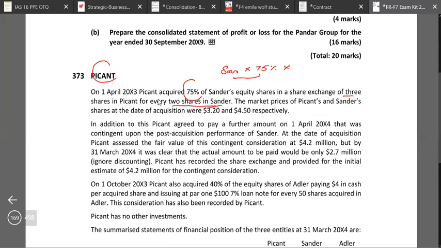So in a share exchange of 3 shares in Picant for every 2 shares, that is 3 by 2. Now we have to take the market price of Picant, that is $3.20. Let me bring my calculator and then we can calculate it.